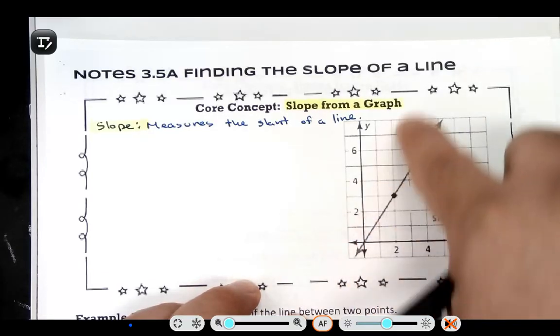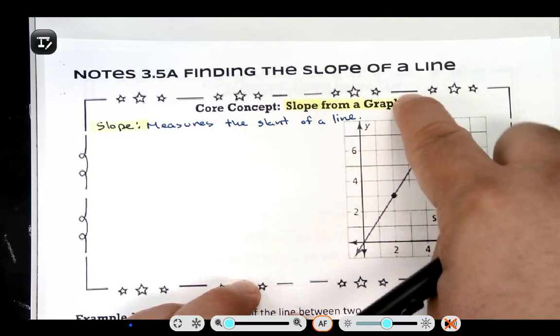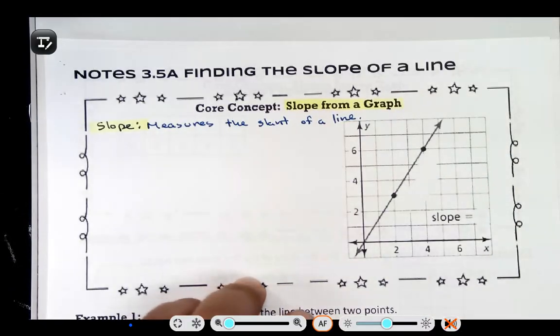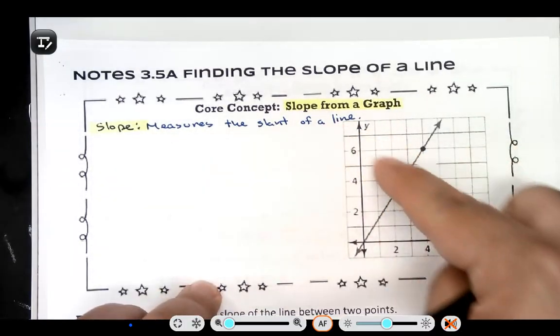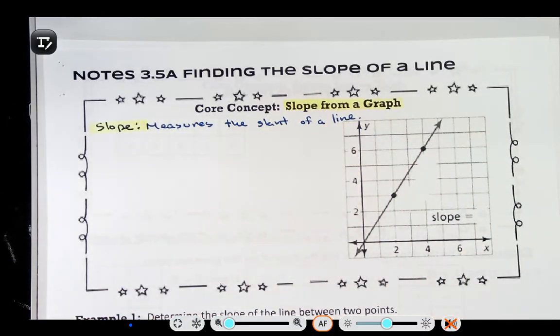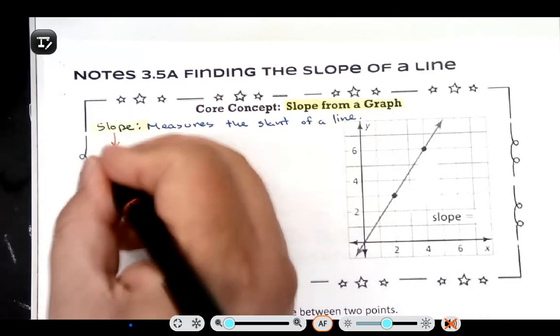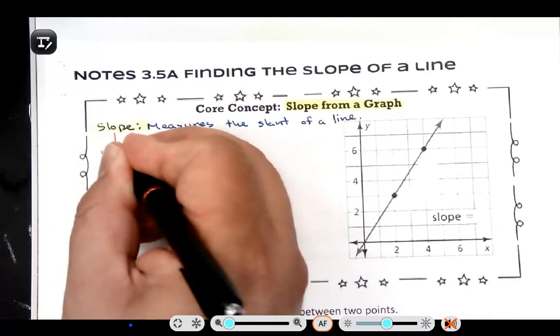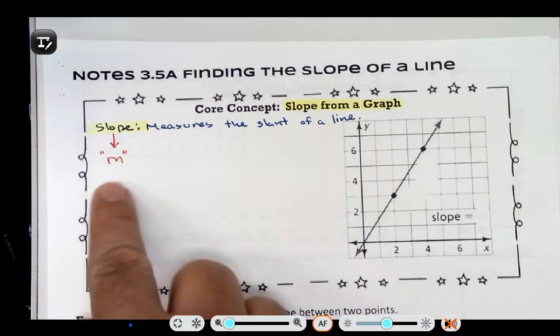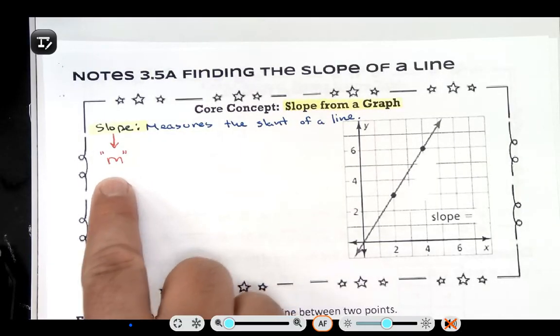The steeper the line is, the more difficult it'll be for me to go up this hill, versus, like I said, if the line is decreasing, it would be very easy because it's dropping. There is a very special letter that we use for slope in math, and that letter is M. So from now on, most of the time when you see the letter M, it's going to represent slope.